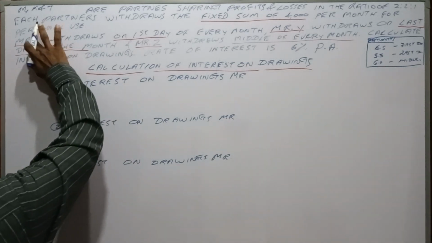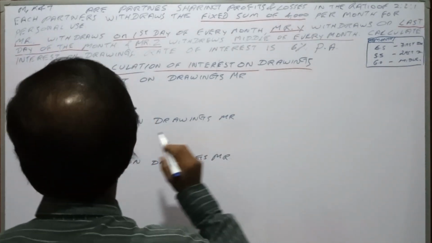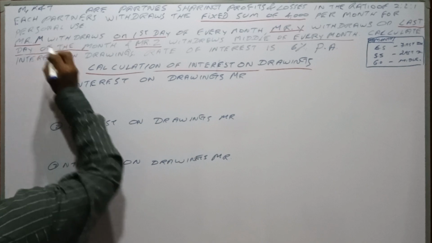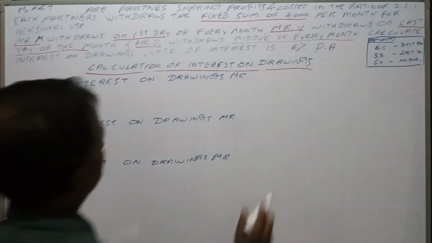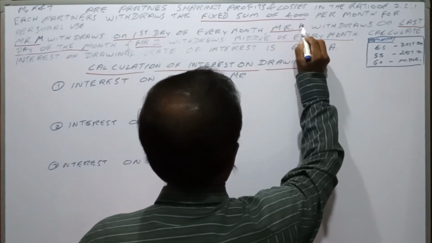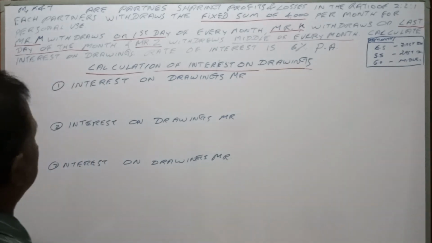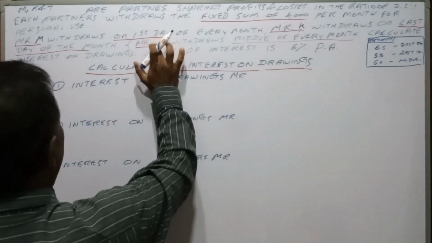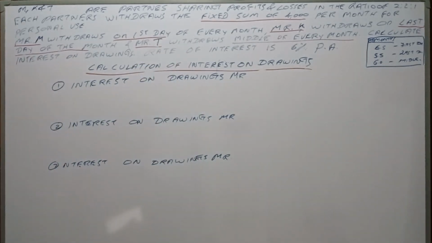Then we will say Mr. M withdraws at the first day of every month, whereas K withdraws at the last day of the month, right? T withdraws in the middle part of the month, right?